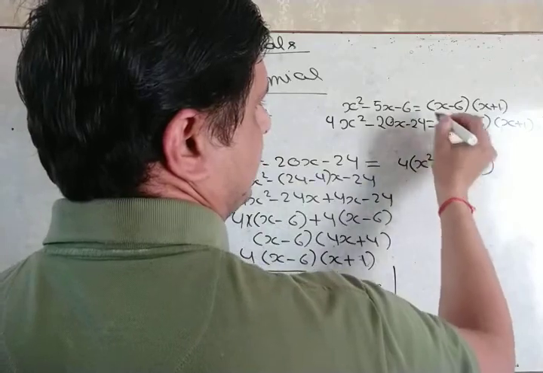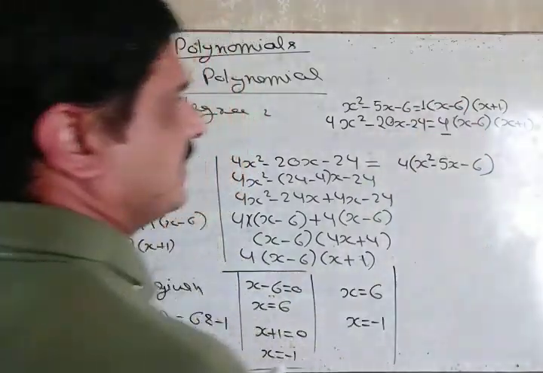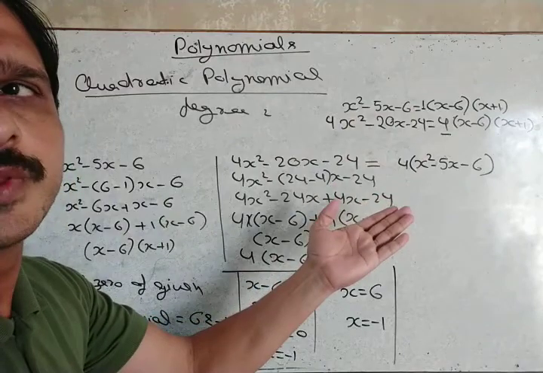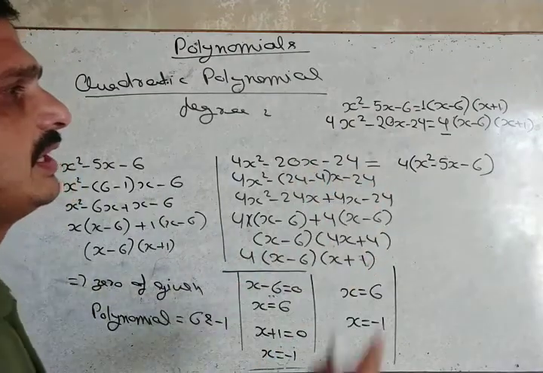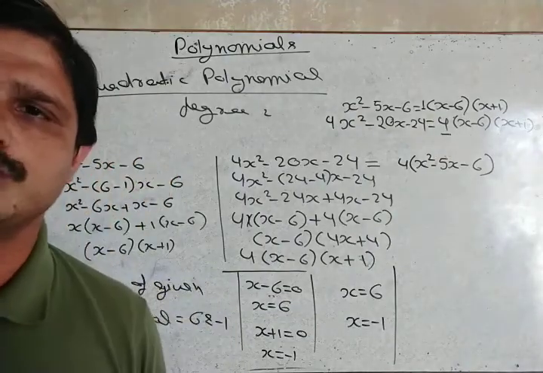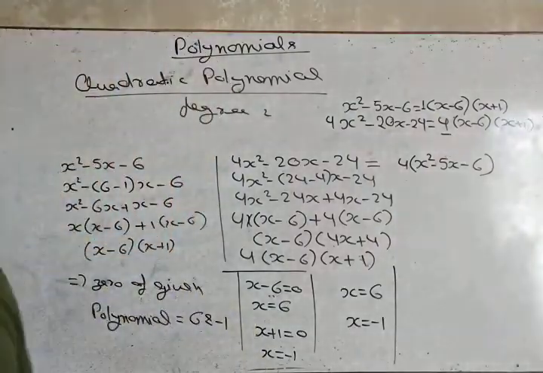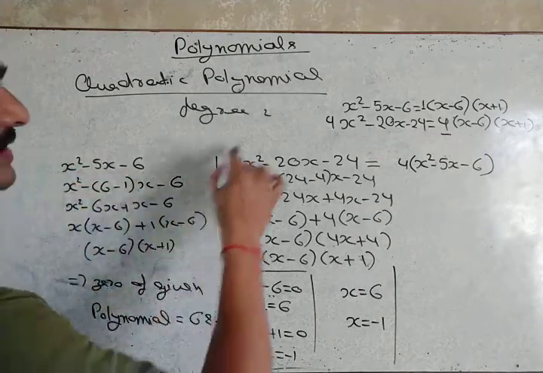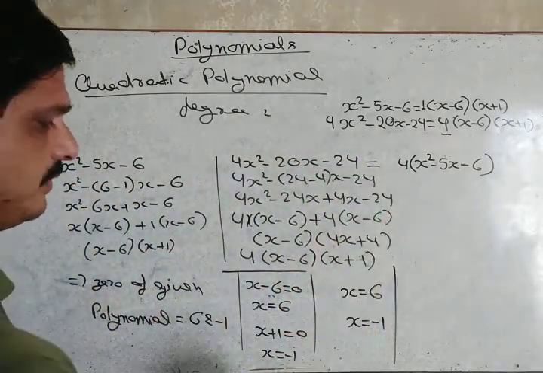Here it is 4, here it is 1. This 4 doesn't have any effect on the roots. So what we have studied is that two polynomials are given and the roots of the polynomials are the same.